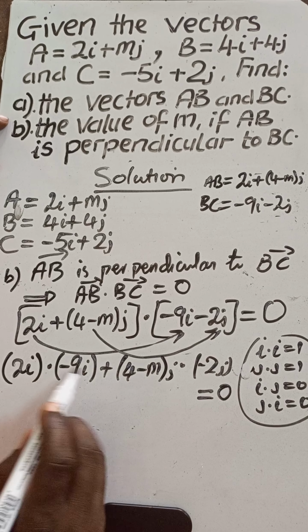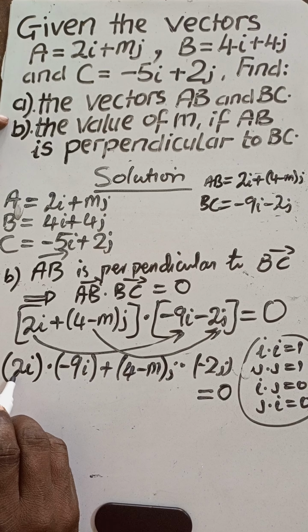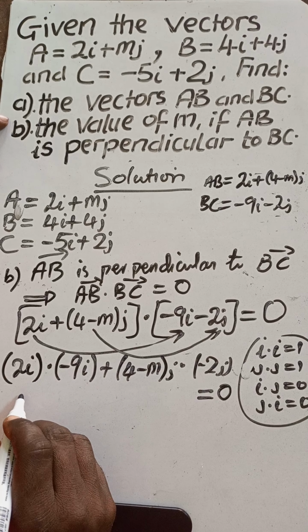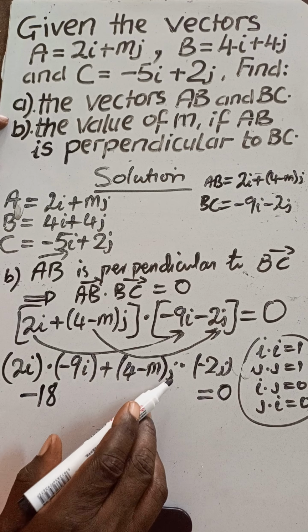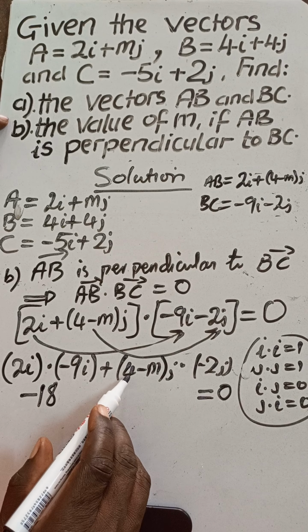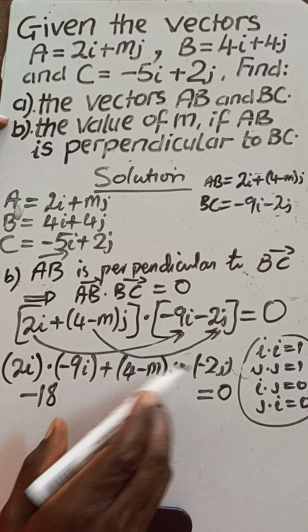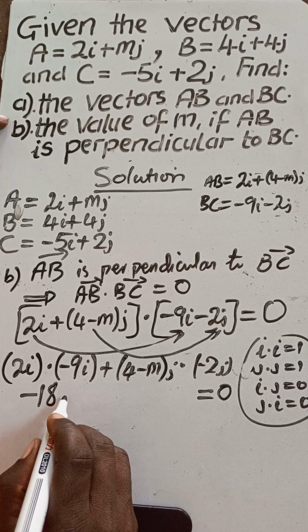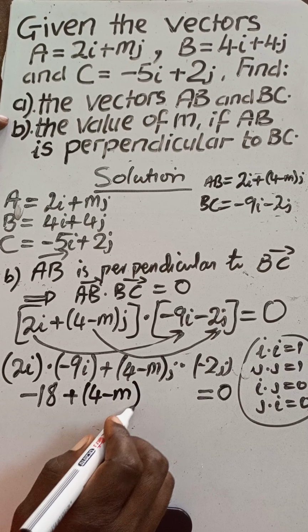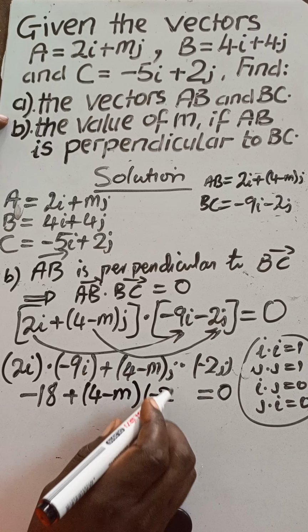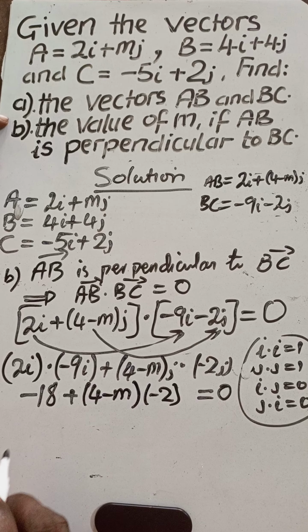Now, remember i dot i is 1, so we'll just simply say 2 times negative 9, which is negative 18. j dot j is also 1, so we'll just go ahead and multiply 4 minus m into negative 2. We expect the result to be 0.